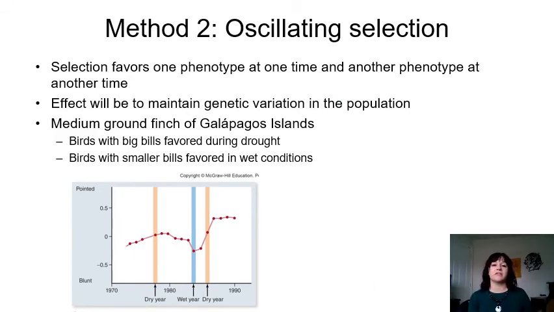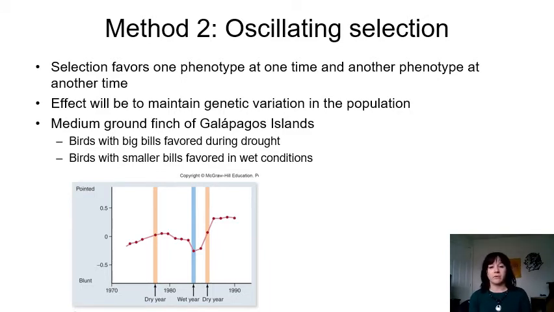Let's look at another method of promoting variability in a population. This is called oscillating selection, and we've actually seen an example of this before. So in this case, you have over time different traits being beneficial, right? So in our example of ground finches in the Galapagos Islands, there were periods of time where it was dry and other times where it was wet, right?